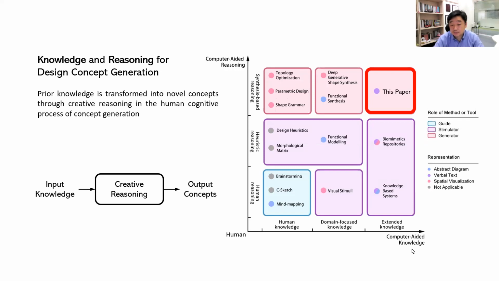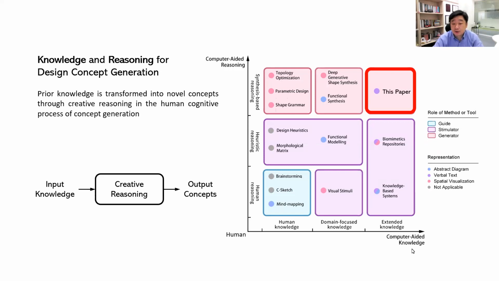Human designers still need to reason and conduct creative thinking on the external knowledge provided by computers and databases. In the upper row on the left, you see generative algorithms, topological optimization, and parametric design. Those are based on computer reasoning, but the models are largely defined and designed by humans using our own knowledge. And this work is in the upper right corner of this two-dimensional space.